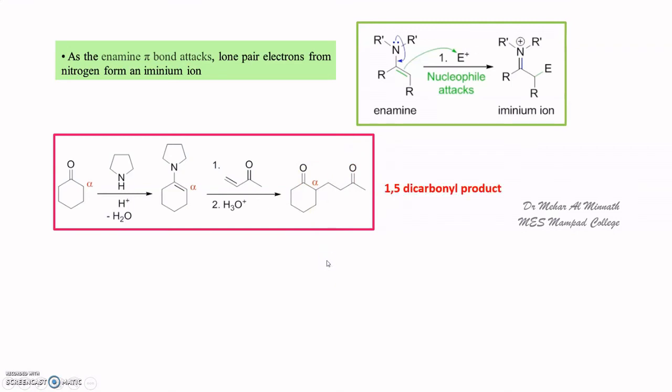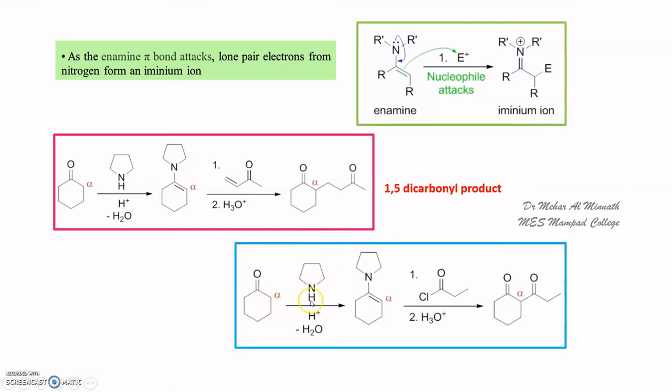compound. Another example, here you are getting 1,5-dicarbonyl product. Another example wherein you get 1,3-dicarbonyl product is same reaction, but you are using acyl chloride. Okay, when you use acyl chloride, you get 1,3-dicarbonyl product. So what's happening here? This will go and attack on the carbonyl carbon. Okay, so you get 1,3-dicarbonyl product.